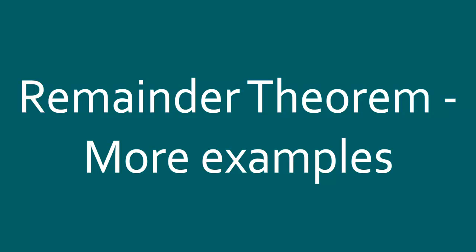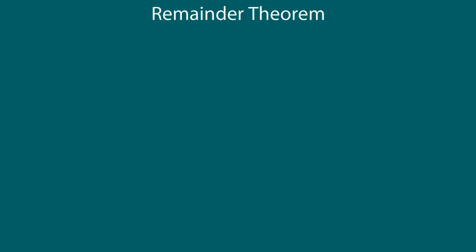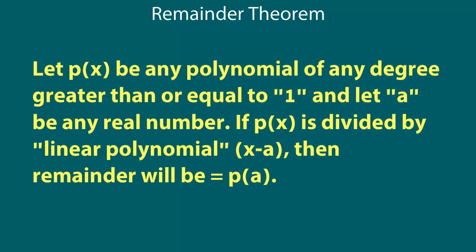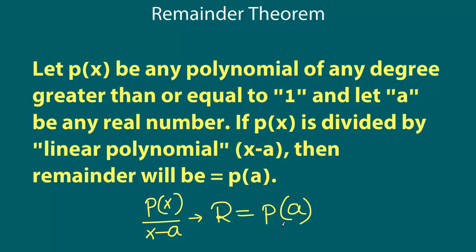Let's take a look at more examples on remainder theorem. Now, we have already learned about what remainder theorem is. Remainder theorem simply states that if p(x) is any polynomial of degree 1 or greater, and if a is any real number, then if we divide the polynomial p(x) by the linear polynomial x minus a, the remainder of this division is simply the value of the polynomial at x equals a.